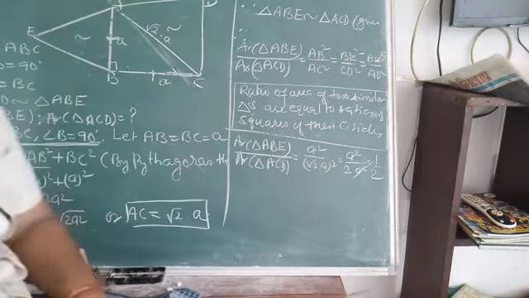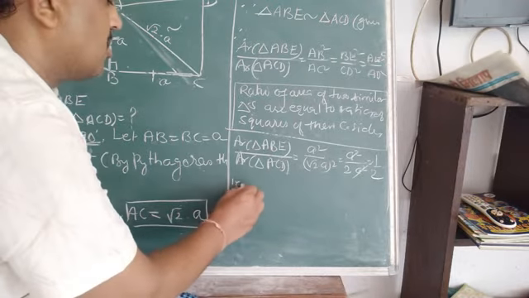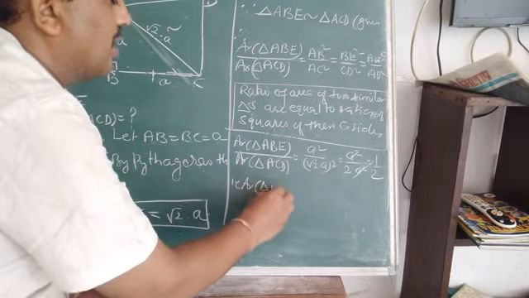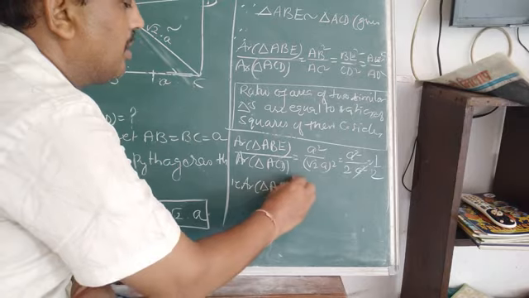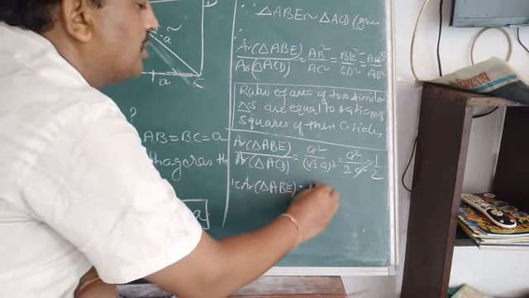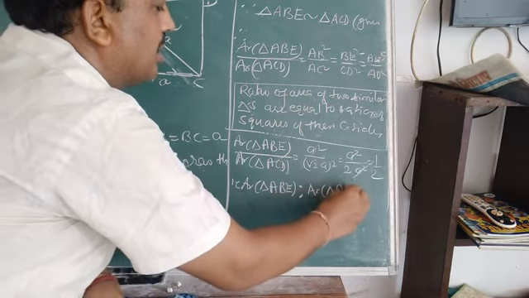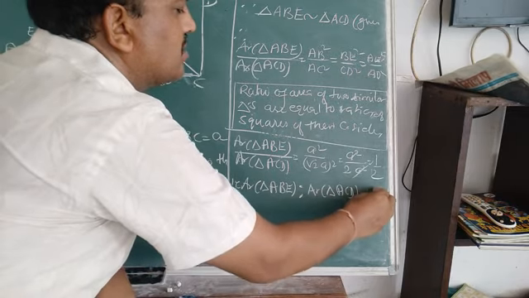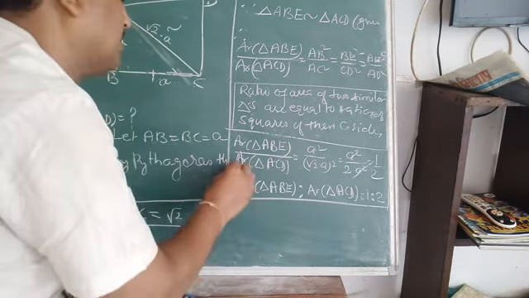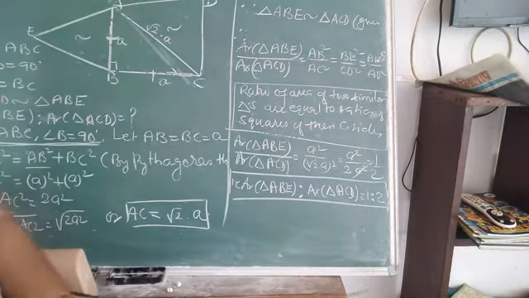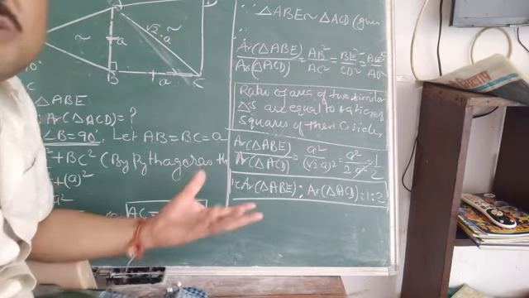A square cancels, so 1 by 2, that is area of triangle ABE to area of triangle ACD is equal to 1:2. This we have to prove, children. Hence proved. It's a very simple theorem.